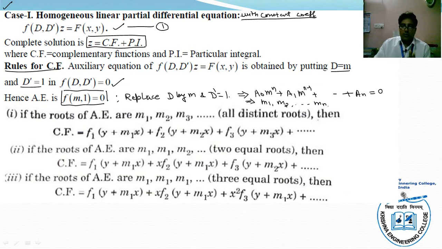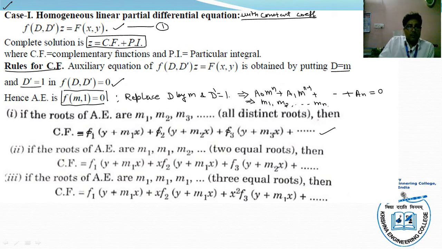There are two possibilities here. First, all roots are distinct. If all roots are distinct, then in this case the CF is phi1(y + m1 x), phi2(y + m2 x) and phi3(y + m3 x).